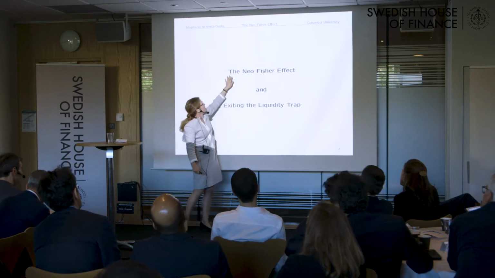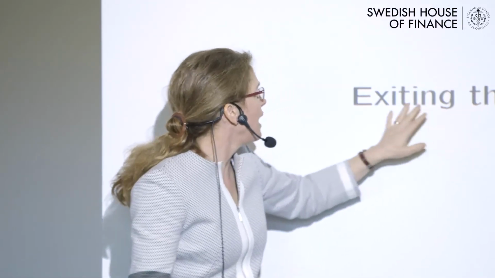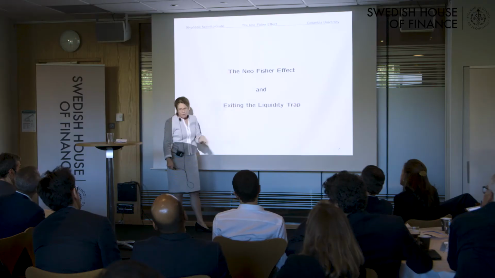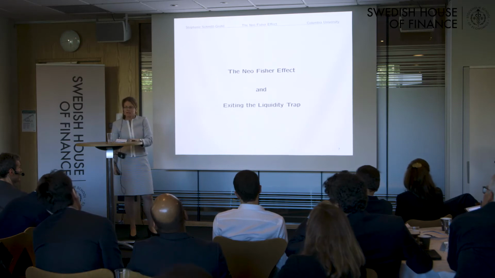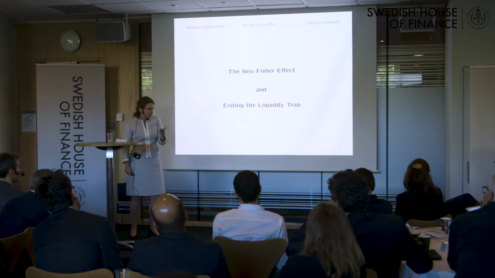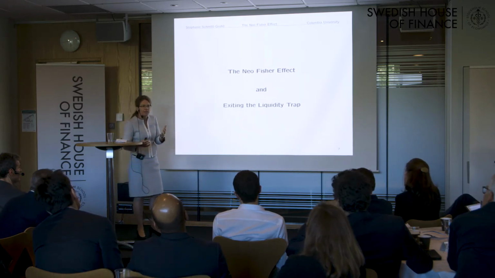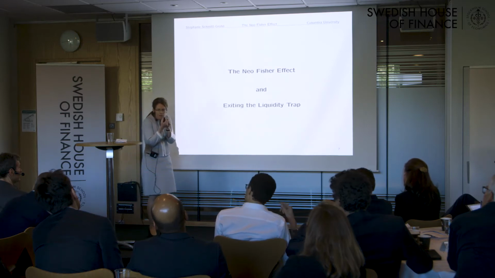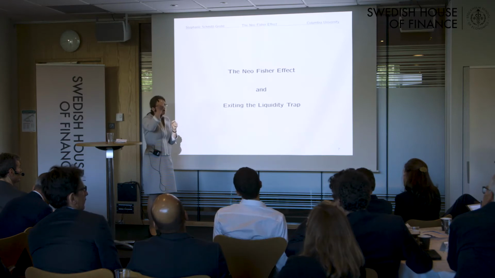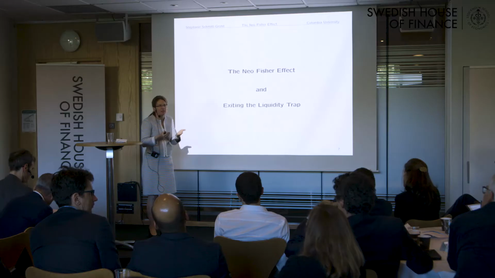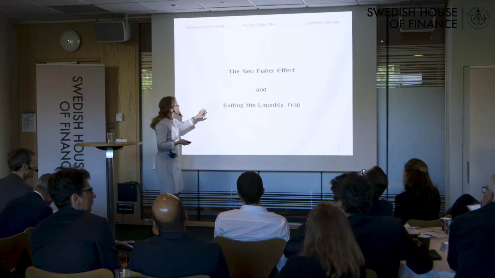There is a link between the Neo-Fisher effect and our thinking about what you do if you lower the nominal interest rate to 0 and 10 years later you look at inflation and you say, my model tells me that since I have been holding the nominal interest rate at 0, inflation should be overshooting. I have 3% inflation, but instead I'm still at 1%. That's the type of problem we want to address.